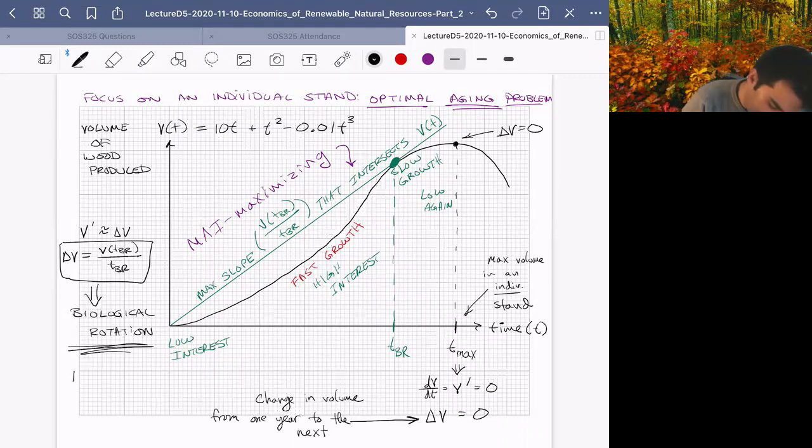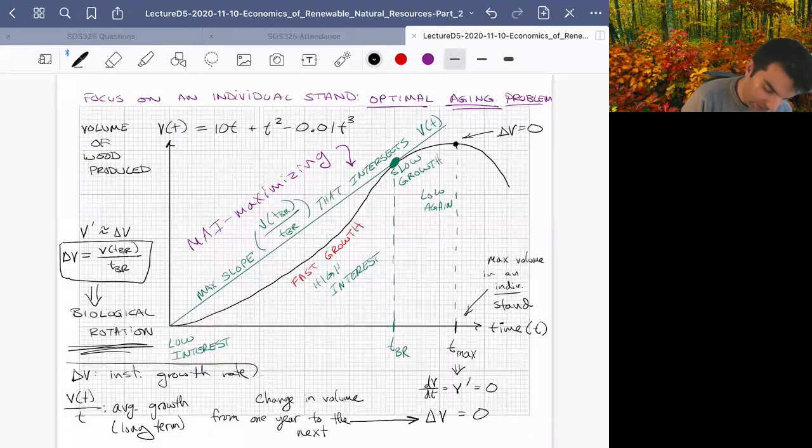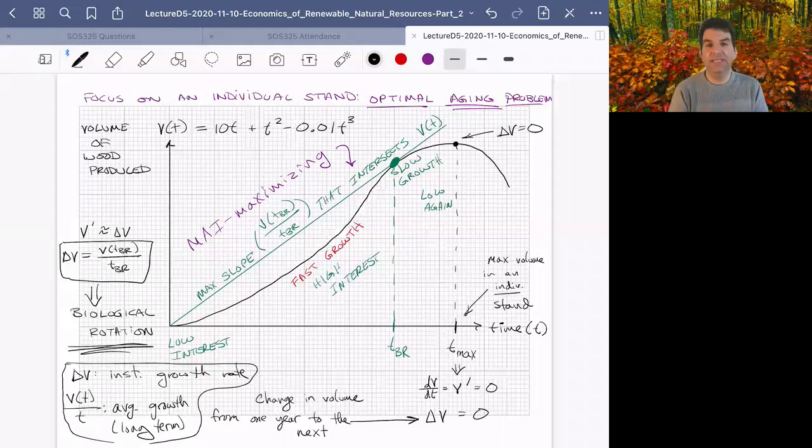So you can think of delta V as an instantaneous growth rate, and you can think of the MAI, V of t over t, as an average growth, a long-term average. And so what the biological rotation is doing is cutting at the instant where your instantaneous growth falls to your long-term growth rate.